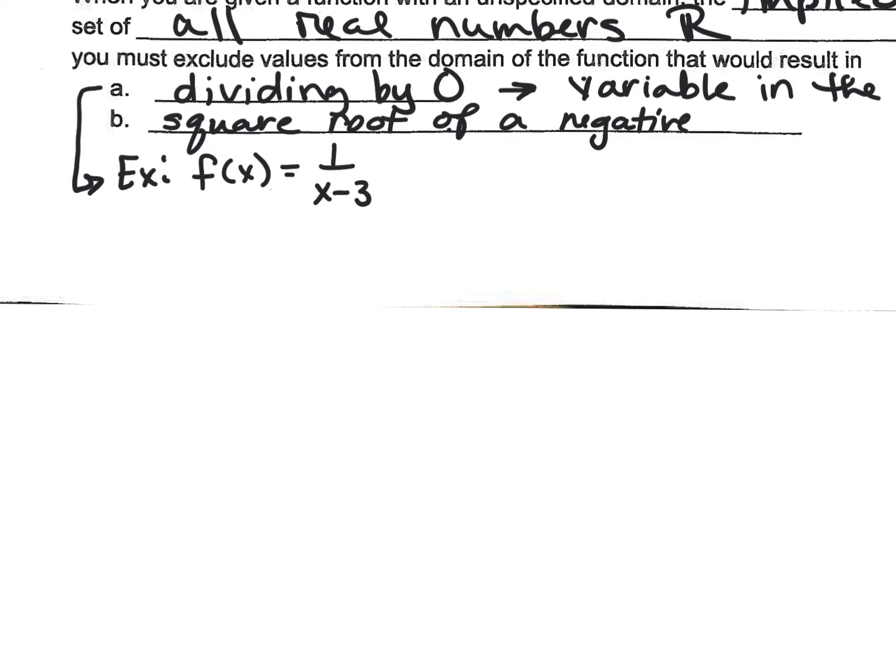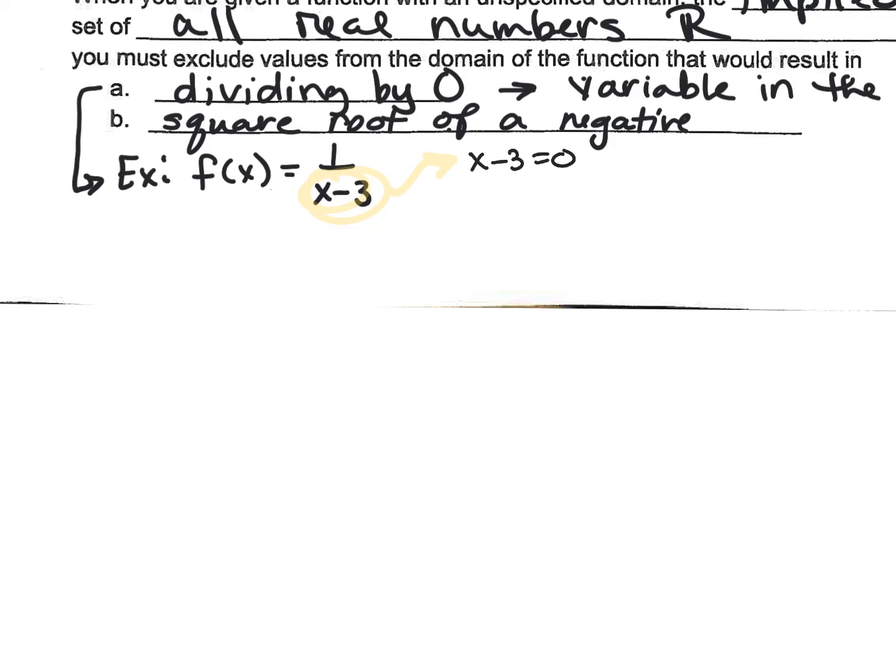What value would result in us ending up dividing by 0? If x was what? 3. How'd you decide that? 3 minus 3 is 0, right? Okay, so the way we figure this out is we take whatever's in the denominator and we say, what would make this equal 0?